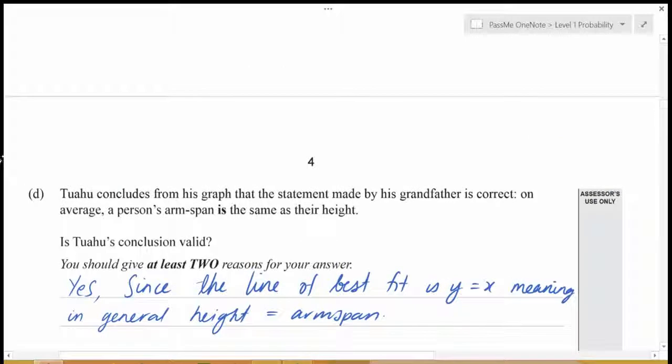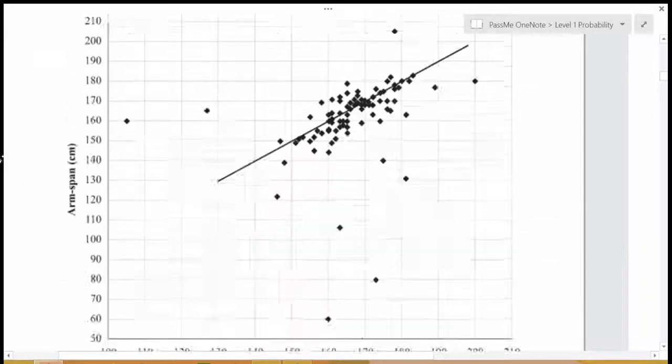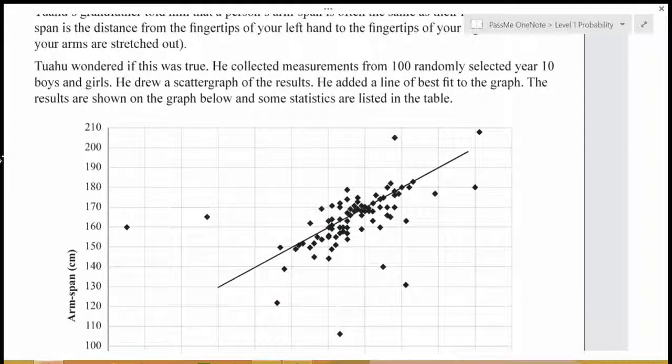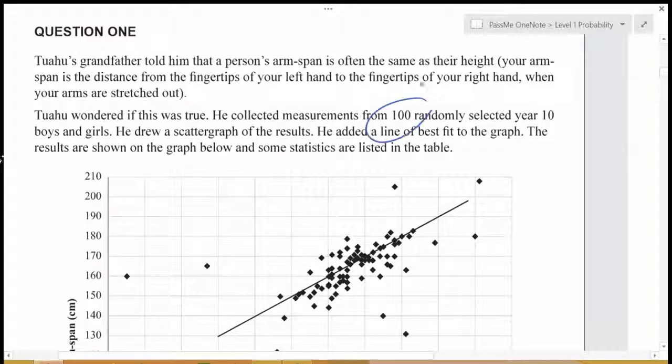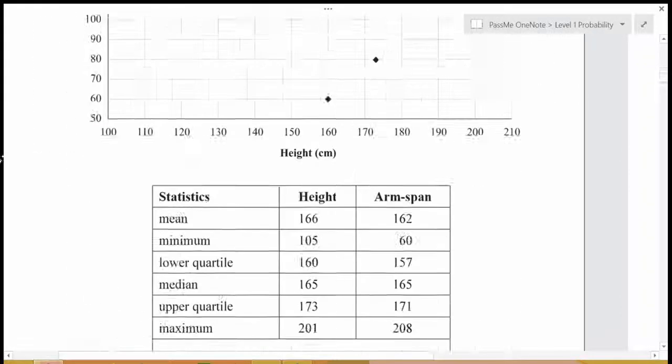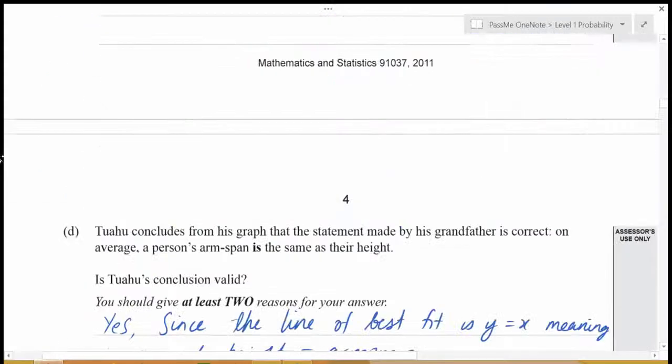Another reason that we could have that supports that is just the size of the sample here. Now we've been told that it's 100 randomly selected Year 10 boys and girls, and so that's a good size sample.